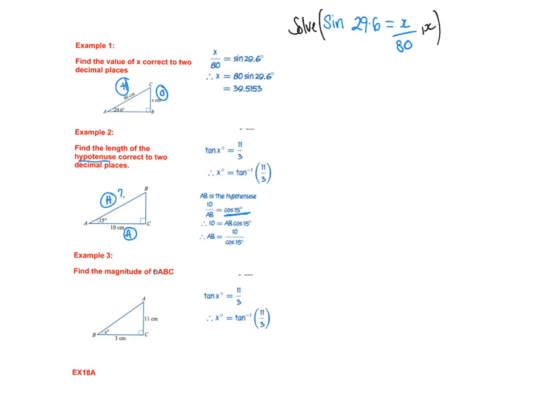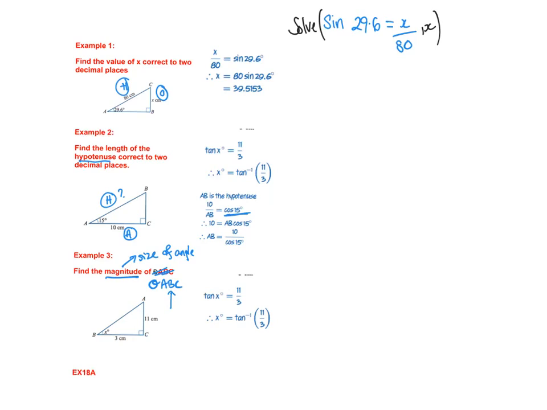And then here, find the magnitude of, they'll say find the magnitude of angle ABC. Magnitude just means the size of an angle. You don't say the number of an angle, you say the size of the angle, you say the magnitude. Now, when they say ABC, it's the one in the middle that they're talking about. That simply means the lines A, B, C, and you can see it's the one in the middle like that.